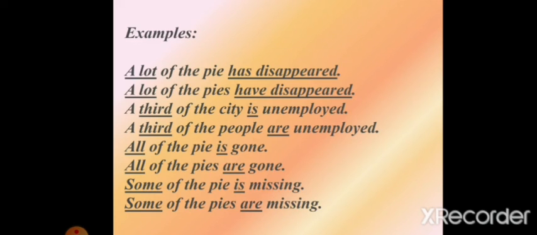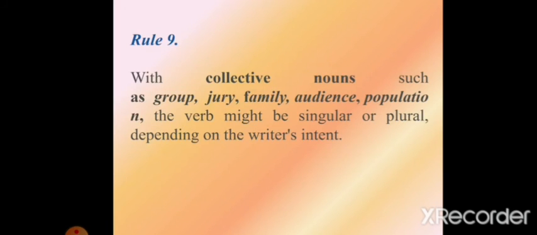Do you understand, children? So you have to find out the subject. I have been saying again and again, if the subject is singular, the verb will also be singular. If the subject is plural, the verb will also be plural. And that is what subject-verb agreement is all about.